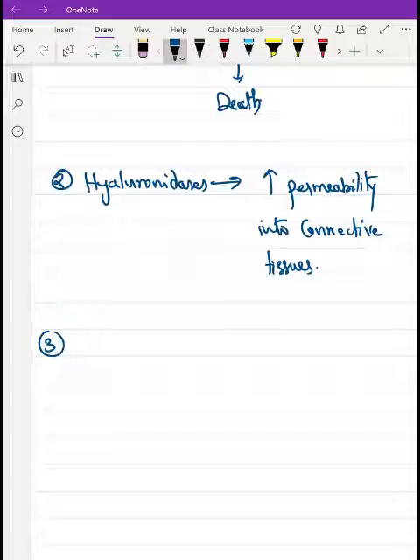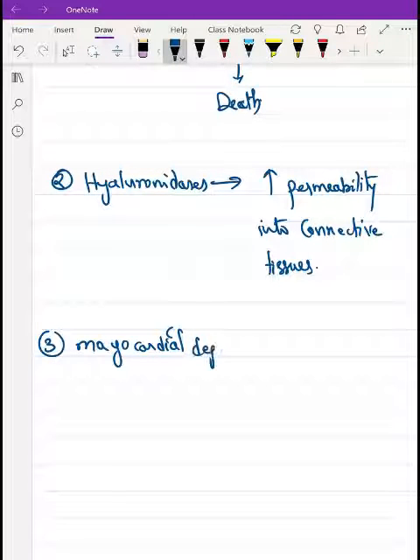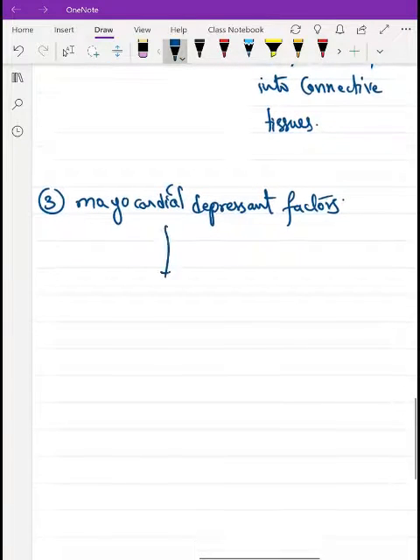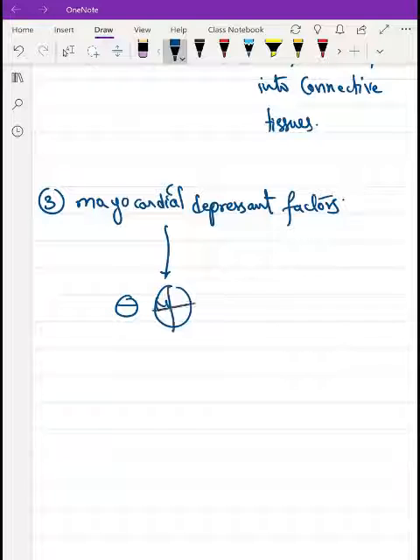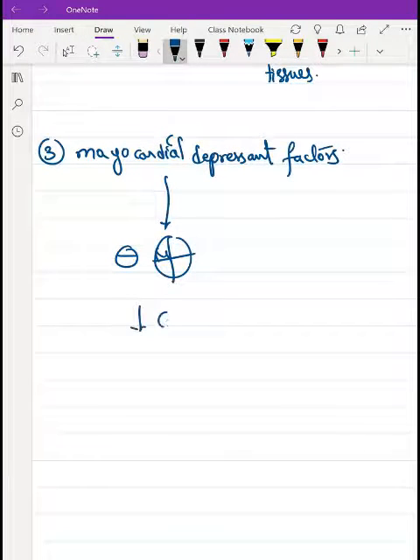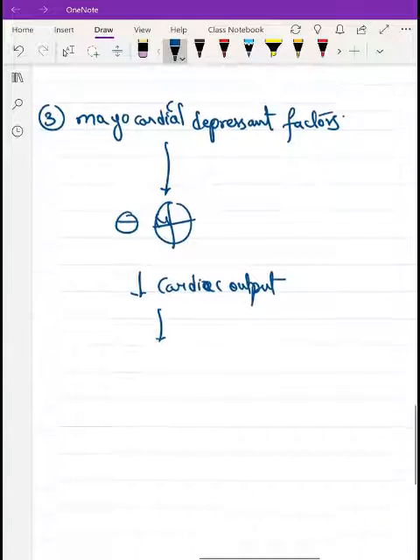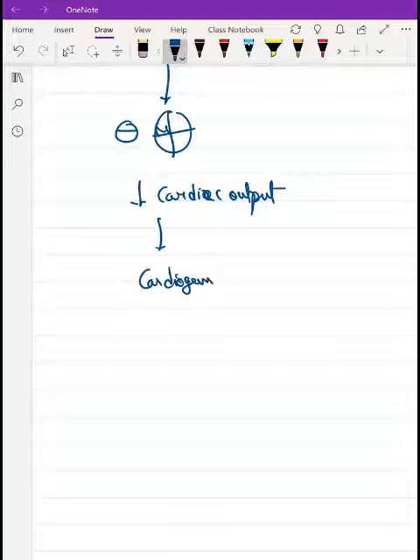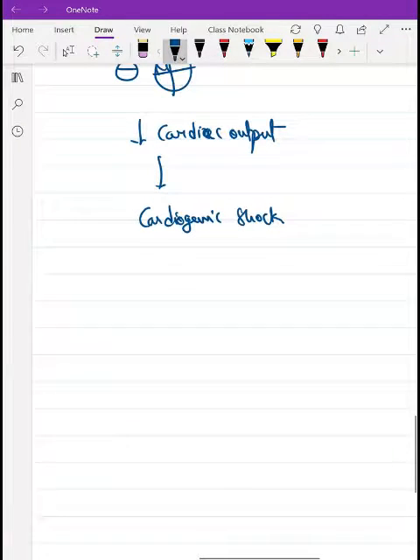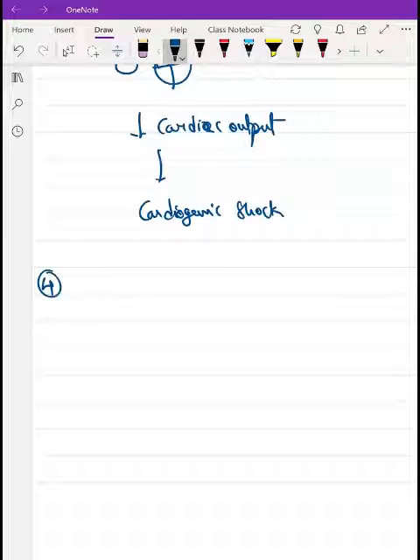The other ones are myocardial depressant factors. They act on the myocardium and inhibit it, thereby leading to decreased cardiac output, leading to cardiogenic shock, followed by death. Other toxins present are bradykinins.